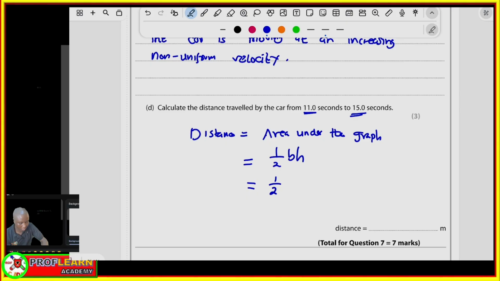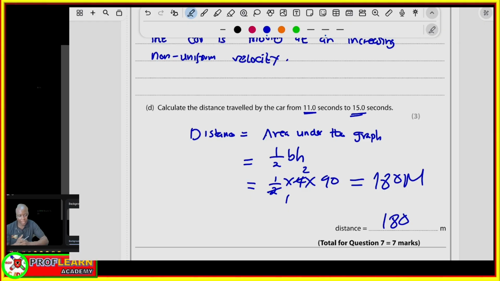The base we have is from 11 to 15, so this is going to be 4, and the height is 90. If you work it out, this is once and this is twice, so 180 meters. We say meters, even though we have worked out area, because area represents the distance in a velocity time graph.